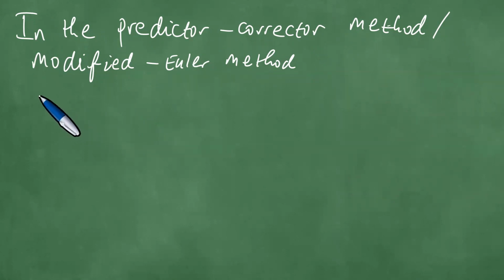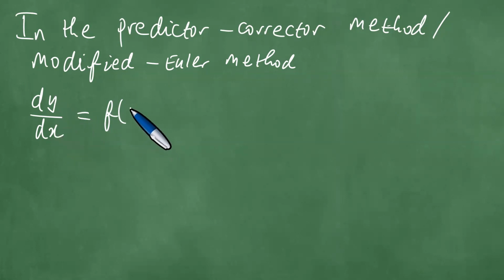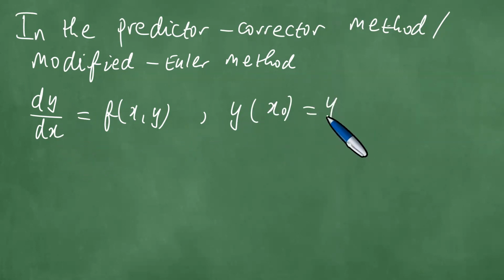If you have a differential equation like this, with a y and an x, there are always initial values given, where y of x_0 equals some y_0. So there is the predictor.